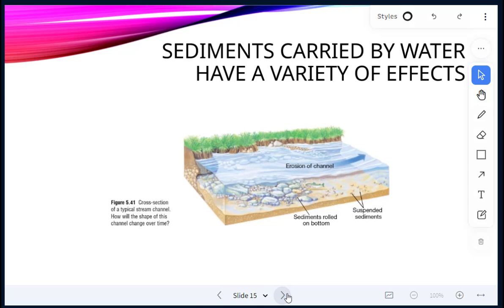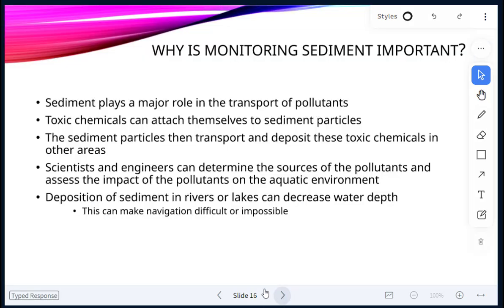Sediments that are carried by water have a variety of effects. This is just showing a cross-section of a stream channel. We can see the erosion, we can see sediments rolled on the bottom, as well as some suspended sediments. So why is monitoring sediment important? It plays a major role in the transport of pollutants. Any toxic chemicals can attach themselves to those sediment particles.